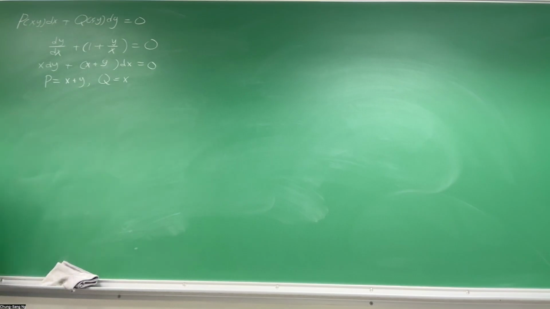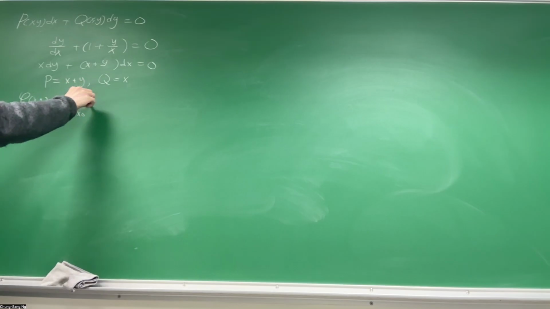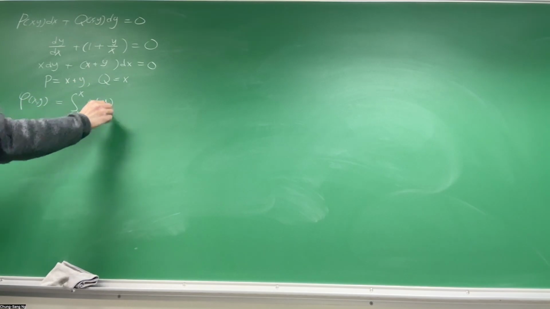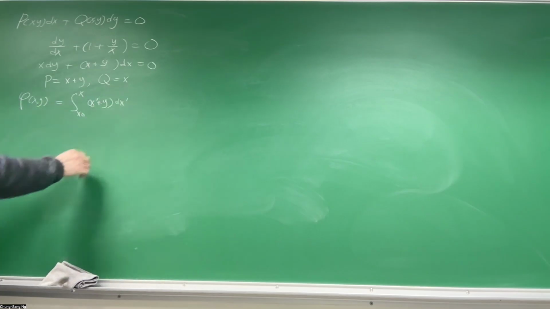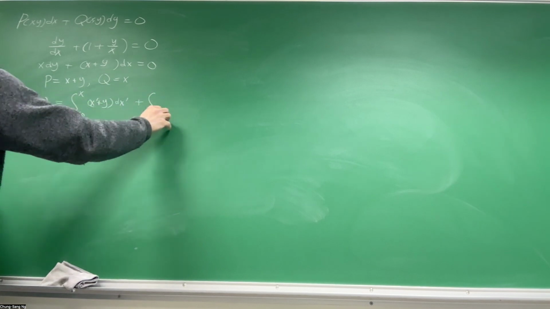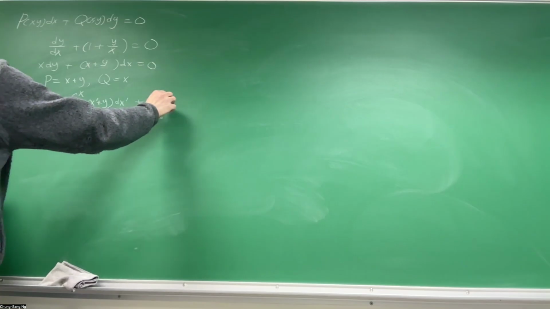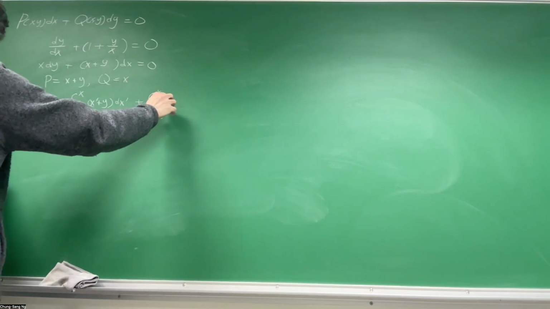So you can, if you want, just plug in the formula. The formula says phi of x, y is the integral from x sub 0 to x of P, which is x plus y, with y fixed, plus the integral from y sub 0 to y of Q, which is just x, but then you evaluate at x sub 0.